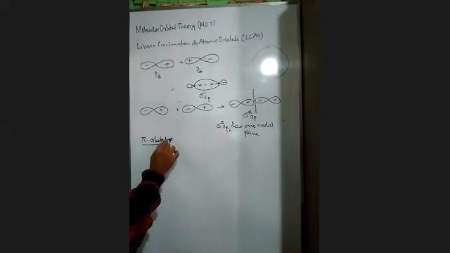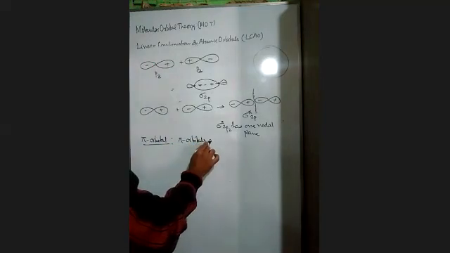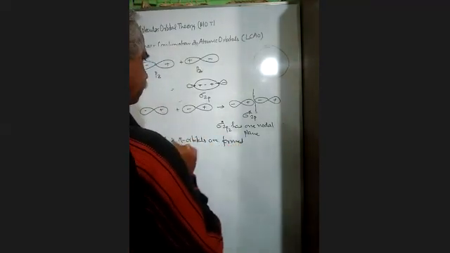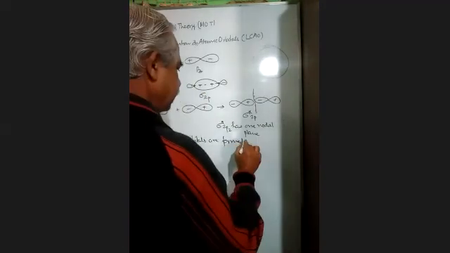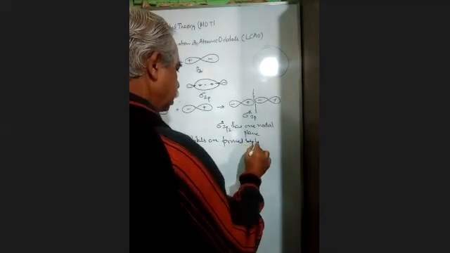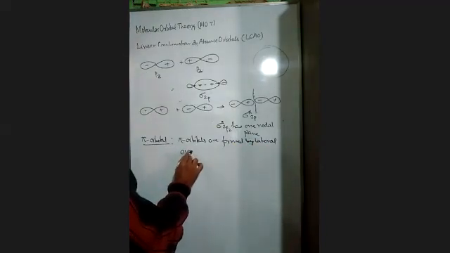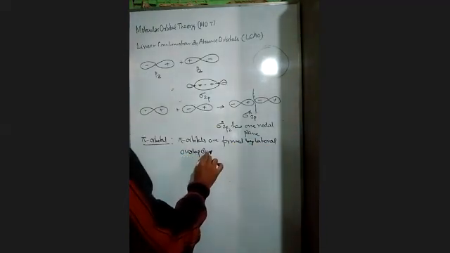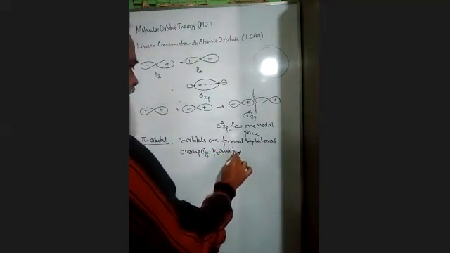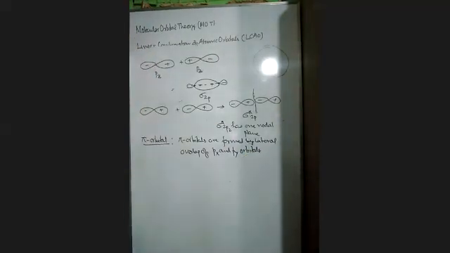We know pi orbitals, see, these are all head-on overlap, are formed by lateral overlap of px and py orbitals.